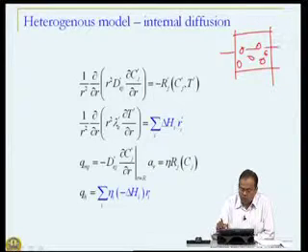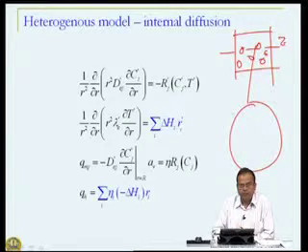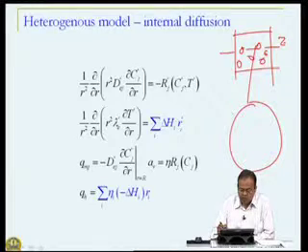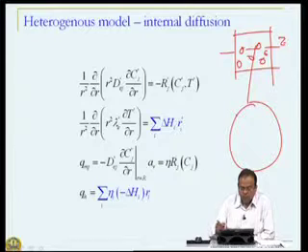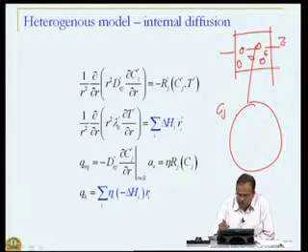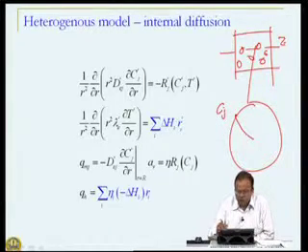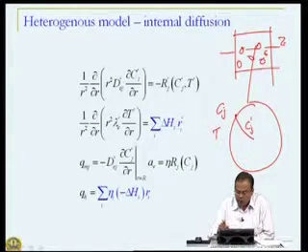Let us say we are looking at some cross section, this particular particle over here, and now what we are saying is that this particle, let us say we do not have external diffusion, but only internal diffusion. So, let us say that Cj is my concentration over here, the concentration is going to decrease continuously. So, let us say Cj prime is the concentration inside, same is the case with my temperature T and T prime.